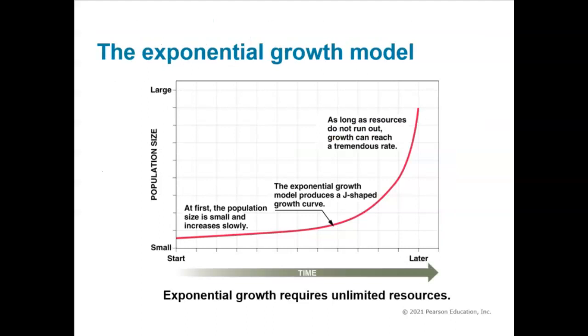This is a graph of the exponential growth model, and it does require unlimited resources. At first the population is small and increases slowly, but then it gets into this J-shaped curve. As long as resources do not run out, growth can continue at a tremendous rate, and the population size can just shoot up.